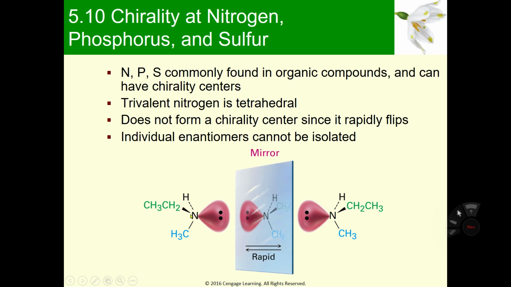Actually, you have a very small lobe here and a very large lobe there. Sometimes the small lobe becomes very large, and the large lobe becomes very small. Then the non-bonding electrons move to the opposite side and it becomes the other isomer. For nitrogen, these two mirror images interconvert rapidly. The S isomer becomes the R isomer rapidly at room temperature.